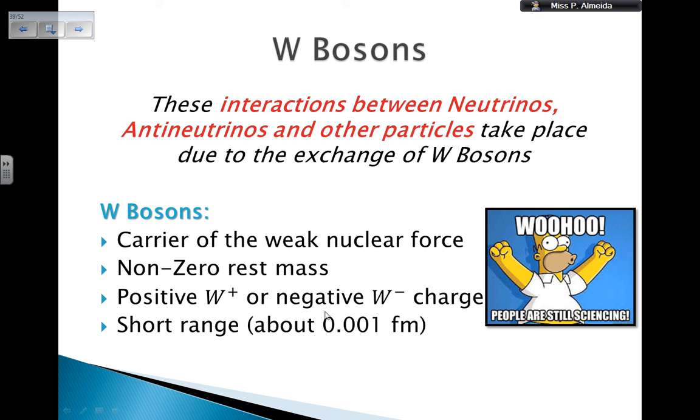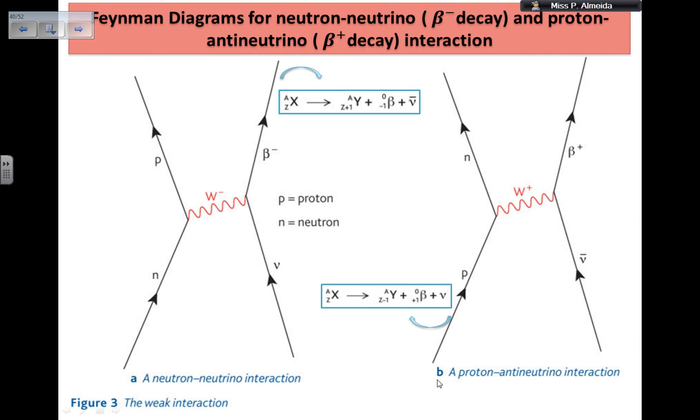Their range is about 0.001 fm, which stands for femtometers, 10 to the power of minus 15 meters, okay? This was in the very first slide, something like the structure of the atom, or maybe actually it's in the second video, which is the stable and unstable nucleus. Go on the videos and look for it.